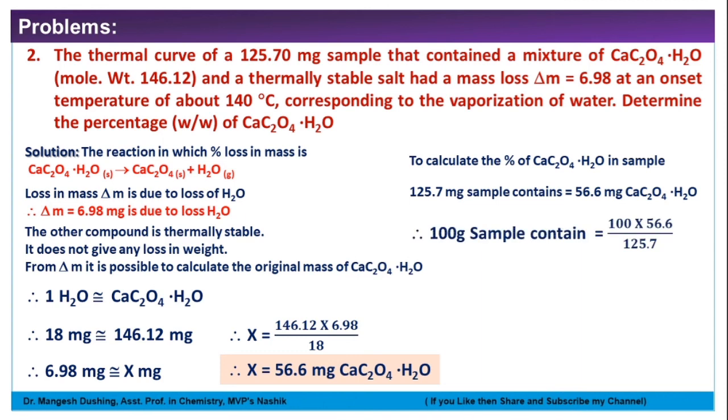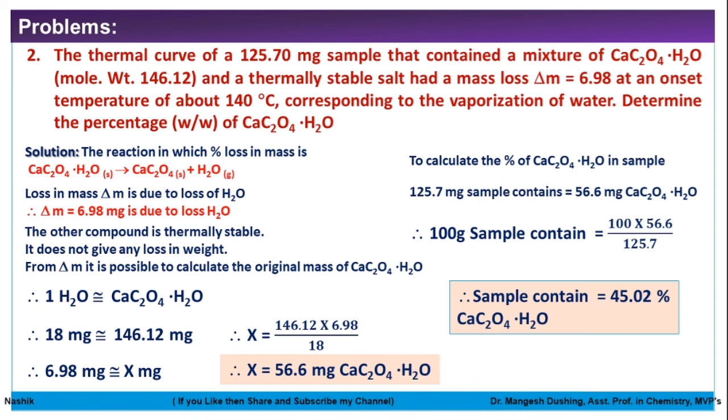So 100 mg of sample contains 100 into 56.6 divided by 125.7, by cross multiplication. So we get 45.02% of calcium oxalate monohydrate. So friends, in this way we can solve the problems. Thank you.